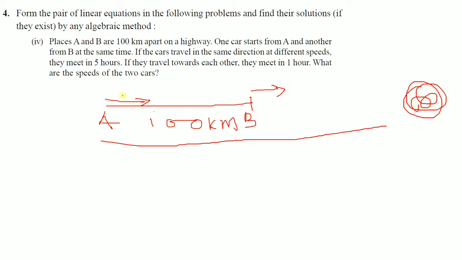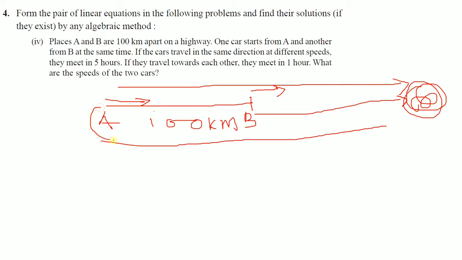So this car and this car both meet here, means they are parallel to each other in 5 hours. Definitely now you can conclude from here that the speed of car A will be more than the speed of B. This B car was running at the slower speed, so that's why A is overtaking at this point. I hope it is clear.